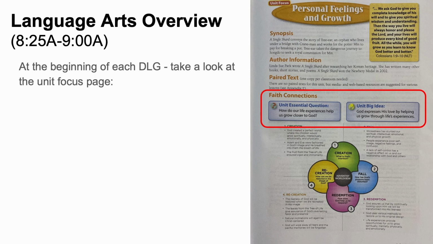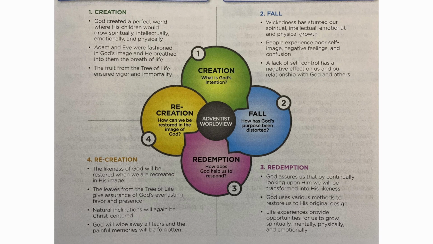This page looks similar on all of them. You can see the essential question and the big idea, and then you have this wheel down below, which talks about a series of thoughts that help us realize the answer to that essential question, giving emphasis to the big idea as well.